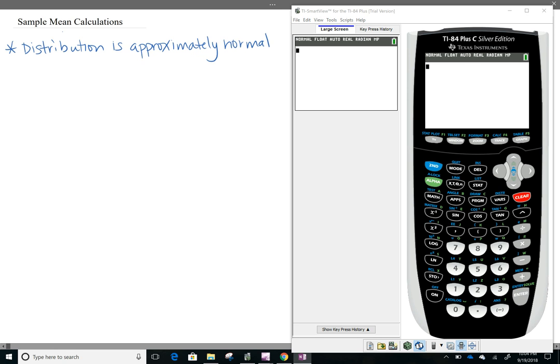I'm then told that there's a mean of 266 days. The population mean is 266 days, and the population standard deviation is 16 days.